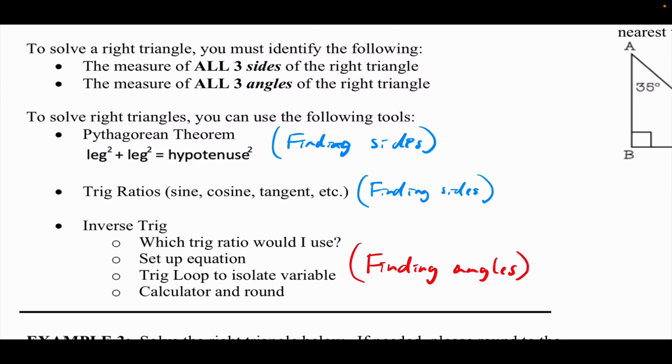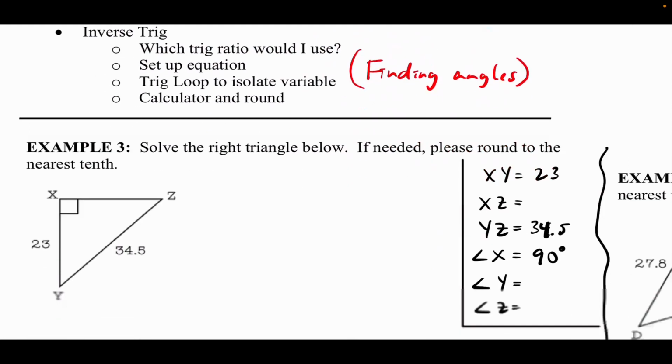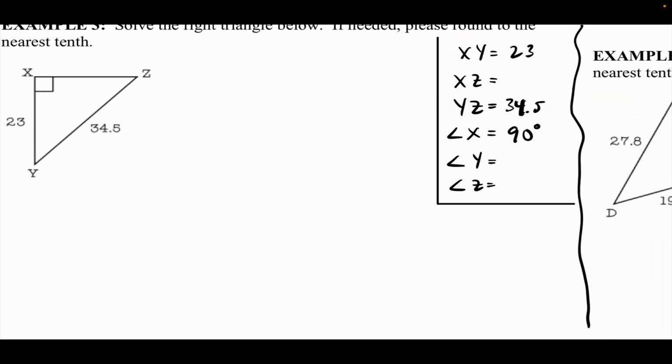Not necessarily. I can use it when I'm looking for a leg. The key is I have to know 2 of them. If I know 2 of them, I can solve for the third. So do I know 2 sides? I do. I know x, y, and y, z. My question is, are they legs or are they hypotenuse?